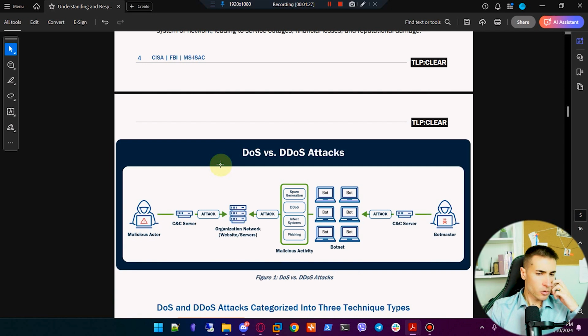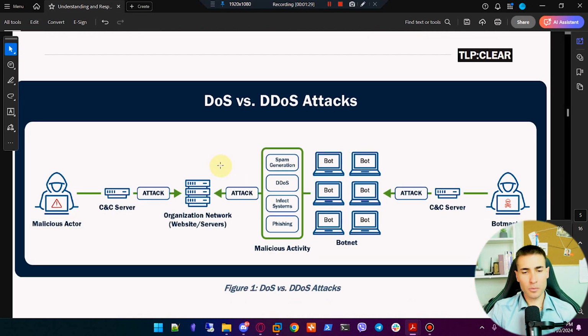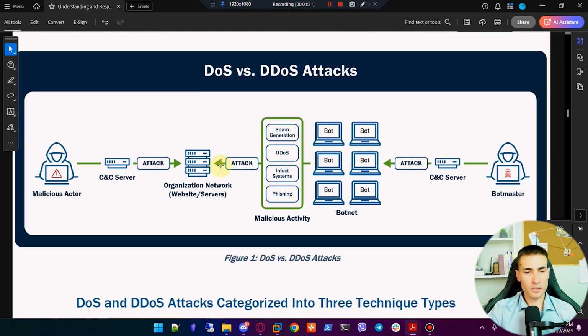So just real quick, they have provided, of course, the majority of you probably already know the difference between distributed denial of service and denial of service, but I'm going to just real quick explain. On the left side, we have a malicious attacker that is connecting to a command and control server from which he is initiating an attack towards some type of infrastructure.